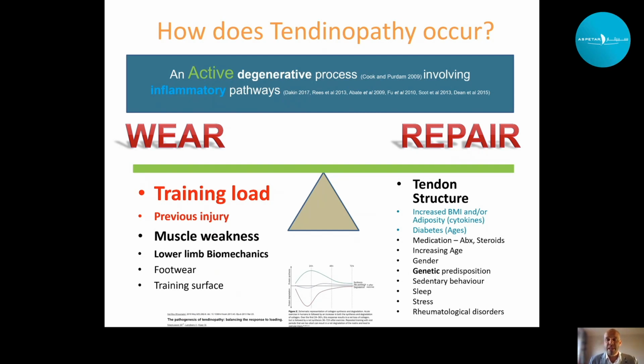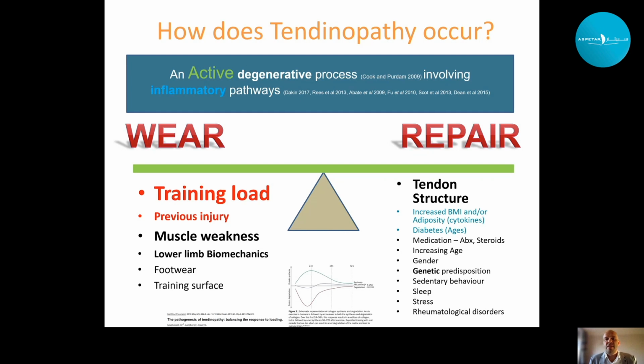We're trying to get a balanced process, and all of our risk factors that we can identify within the literature, either from an expert consensus I did previously, or actually when you go to the primary research itself and look at that, you'll observe that they can all actually be influencing the wear on the tissue, or they influence the body's ability to repair. And I think this is particularly important and crucial to understand. And then we can give our patients a way of trying to balance this out and lift the level of robustness of the tissue to make this scale sit higher up instead.